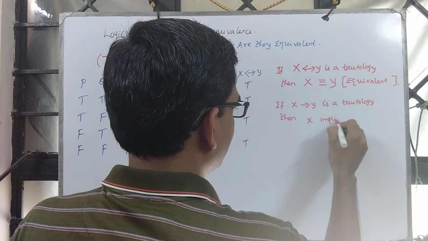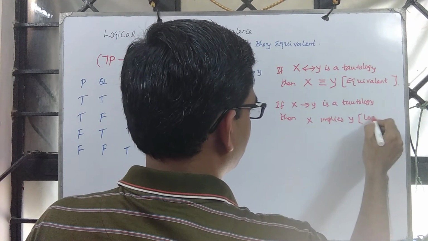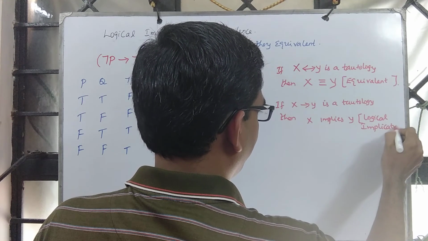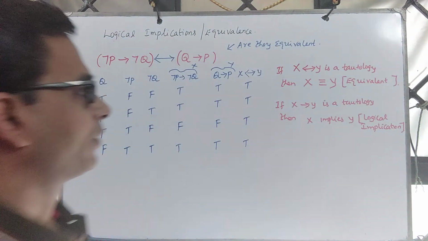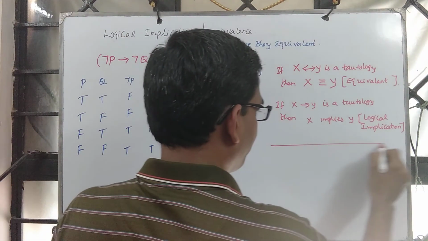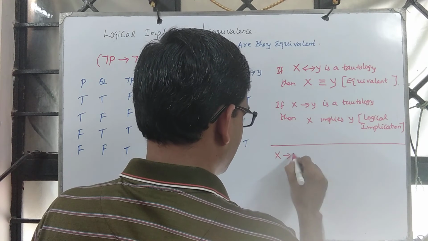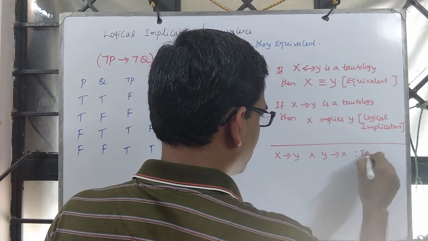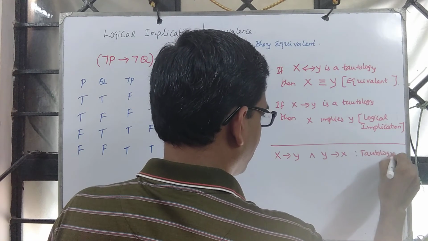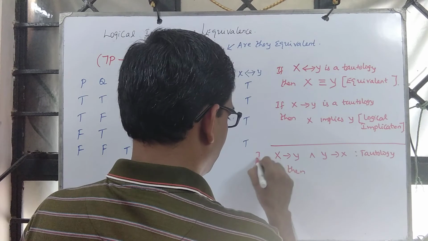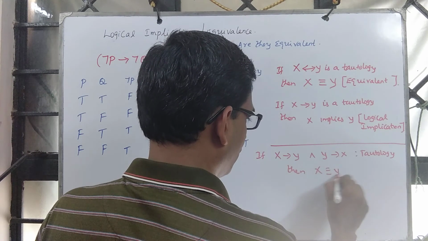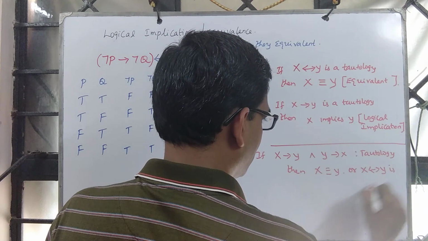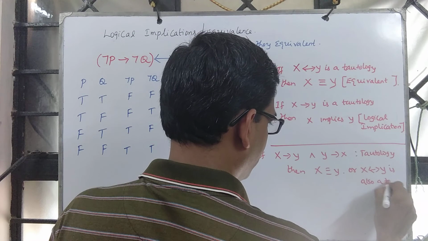X implies Y. This is logical implication. Alternately, if X conditional Y and Y conditional X both are tautology, then X is equivalent to Y, or X biconditional Y is also a tautology.